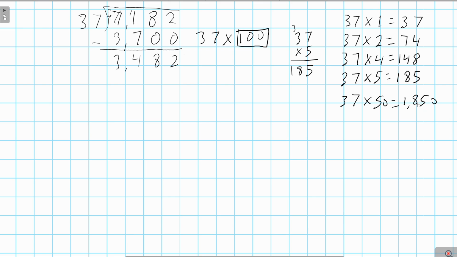So I can use that here. 37 times 50, this one right here. Okay, so that is going to be 1,850. So I'm going to go ahead and subtract that.